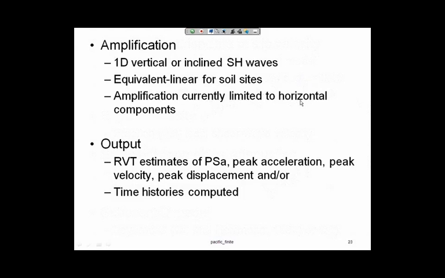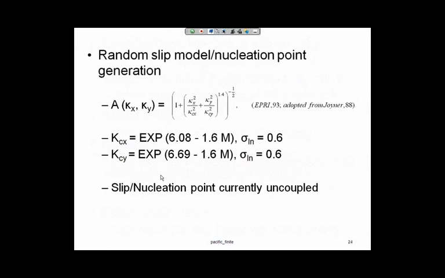This is only applied to the horizontal component. The output is a time series. It can also be spectral acceleration or peak values and so on. There's also some slip distribution built into this process.